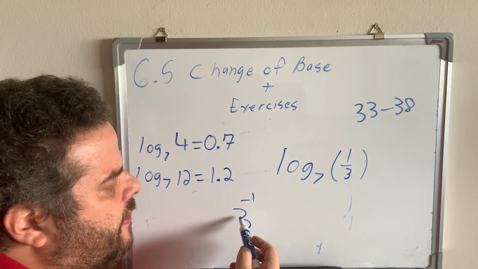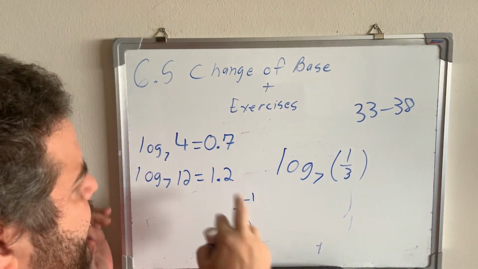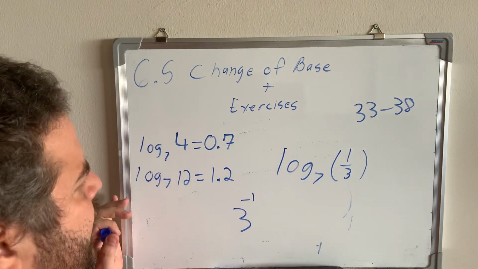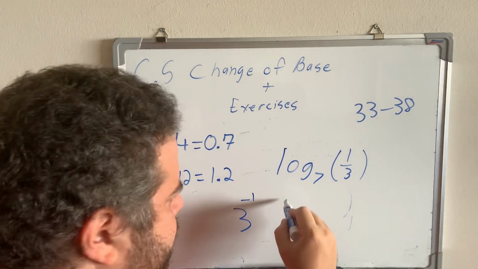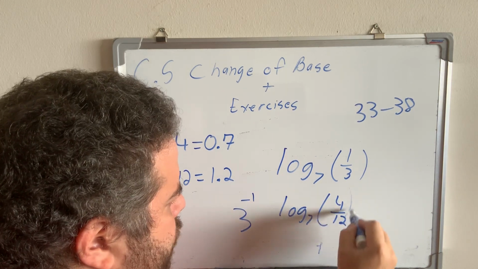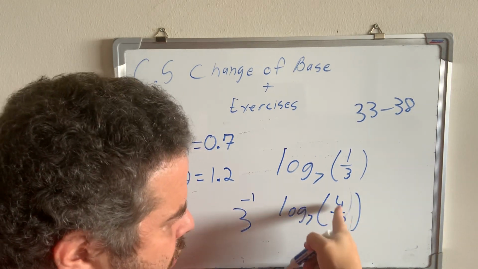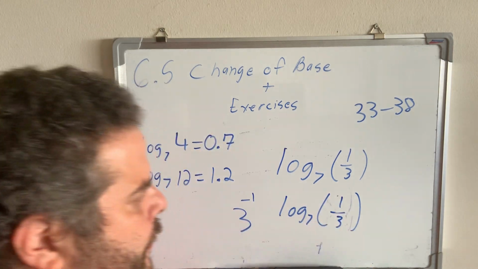You can elevate this number to the -1, which is the exact same thing as dividing in the opposite fashion, or actually just dividing 4 by 12. It's the exact same thing. When you divide 4 by 12, when you simplify, you end up with 1/3.